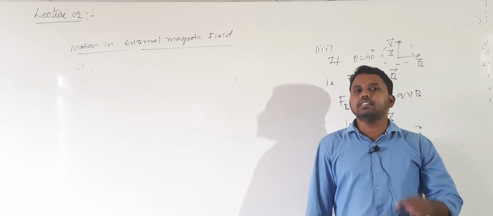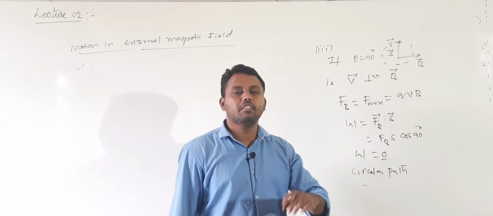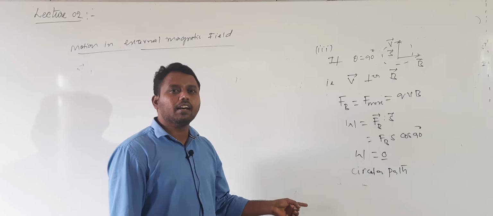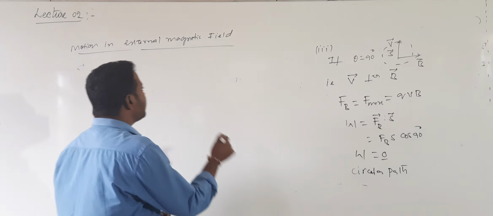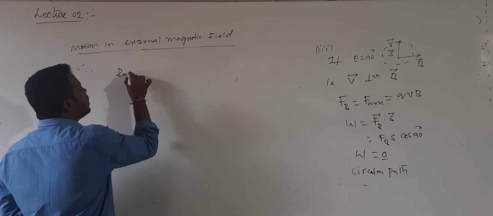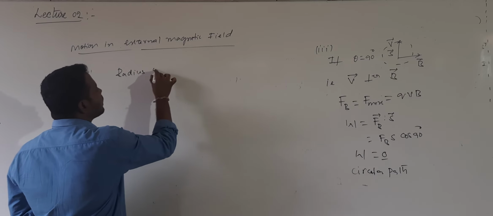No. So what is the work done by that force? It will be 0. Are you getting it? So the particle will take which path? Circular path. Now I want to see what the radius of the circular path is.